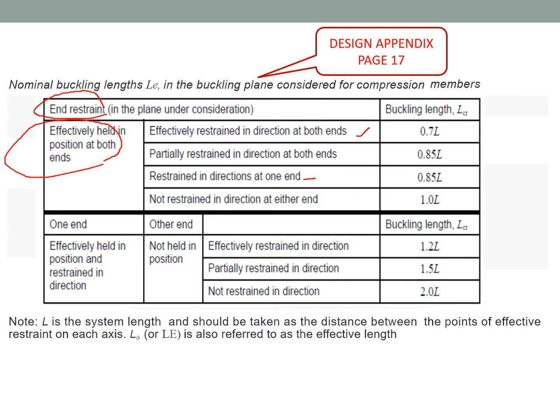So you can use 0.85 L. L is the height of the column. Or if it is not restrained in direction at either end, it is a pin condition, and you can use buckling length equal to the height of the column.